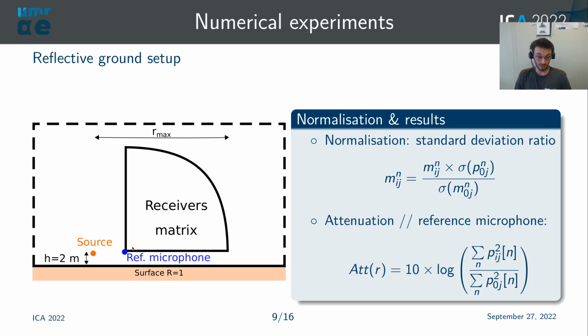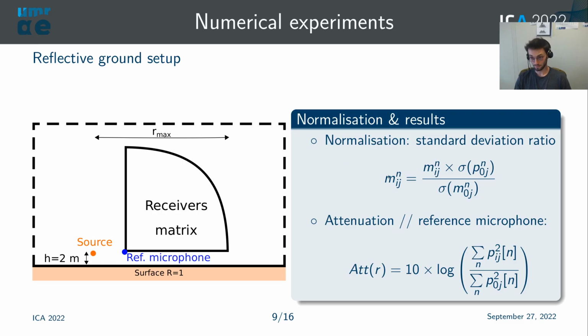So here you can see the source, a surface with a perfect reflection boundary condition, and a matrix of receivers, which is a polar matrix, because we want to assess the effect going from the source to further away.